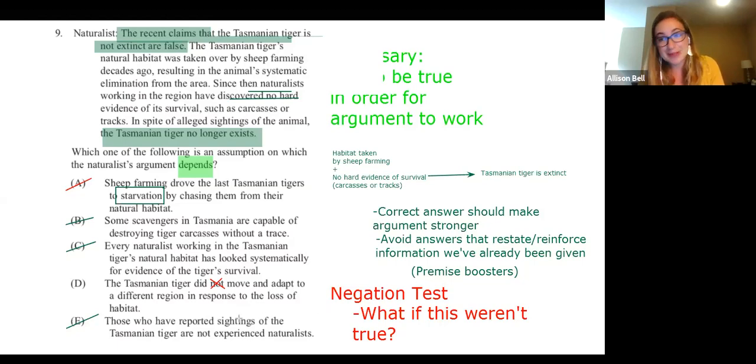If we just said, well, it went somewhere else, that would be a pretty big problem for this argument. It hasn't been accounted for at all in the premises, and it would totally throw off the conclusion that the Tasmanian tiger is extinct.